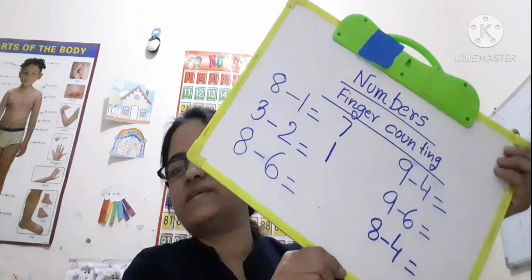Again, 8 minus 6. How do I count 8? 5, 6, 7, 8. Listen carefully.